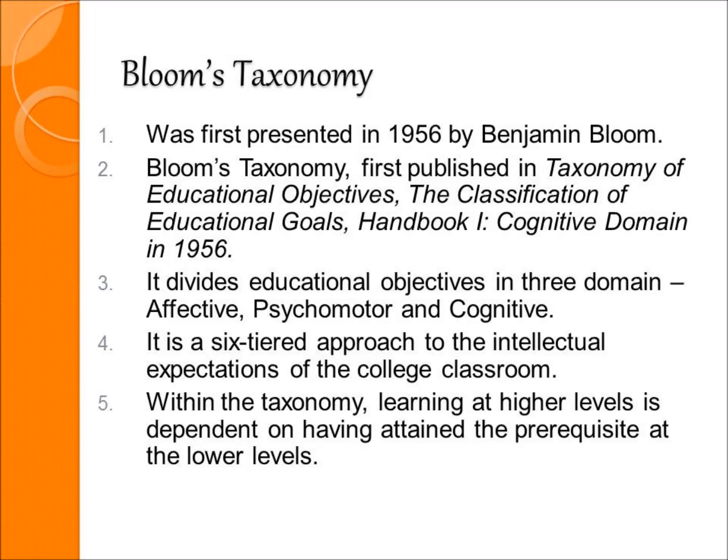It divides educational objectives in three main domains: affective, psychomotor, and cognitive. In this presentation, we will focus on the cognitive. It is a six-tiered approach to the intellectual expectations of the college classroom. Within the taxonomy, learning at higher levels is dependent on having attained the prerequisite at the lower levels.